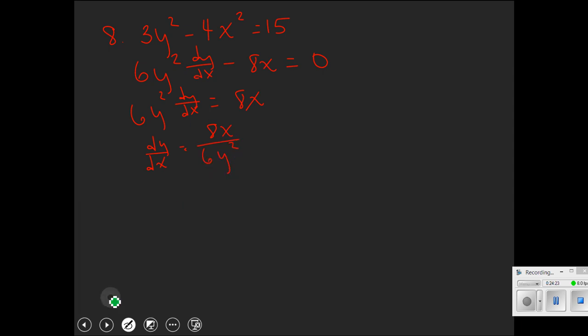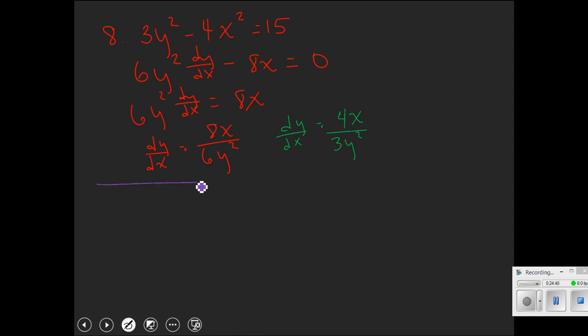So if we simplify that just a little bit, we get dy/dx equals, I'm going to divide them both by 2, so we have 4x over 3y squared. So I'm going to leave that there for just a second.